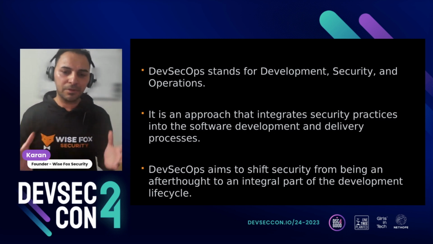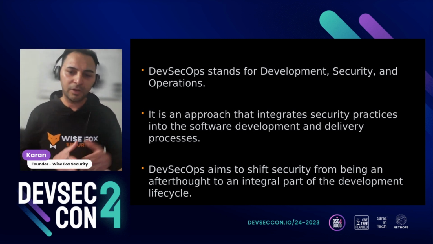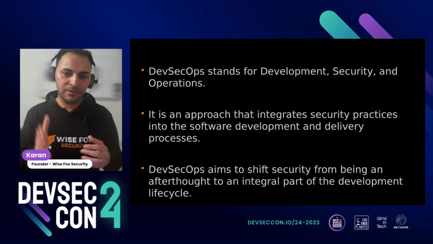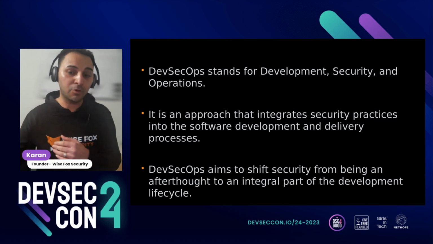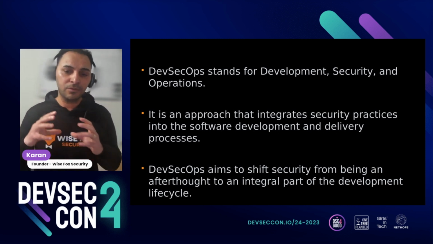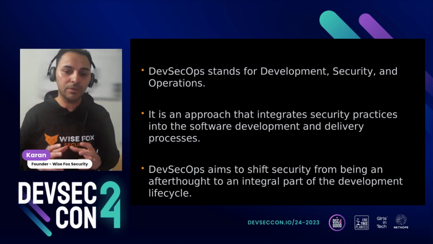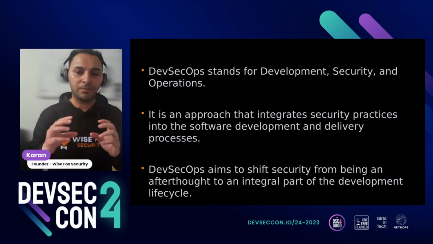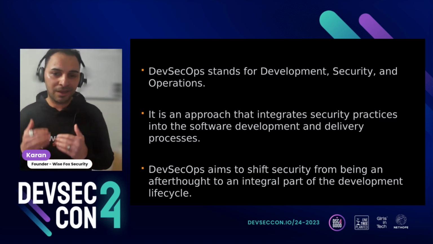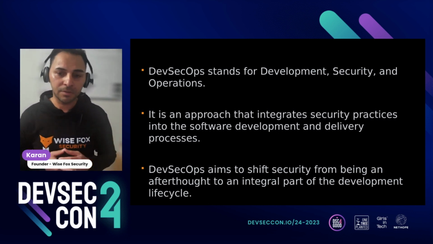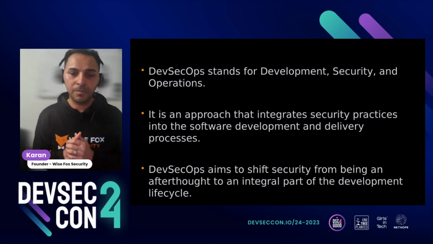For example, if you have a pipeline, you've got build, test, integrate, deploy, and then monitor stages. We want to introduce our security tooling within those pipeline stages, so at least we can detect some of the security issues as early as possible, right?